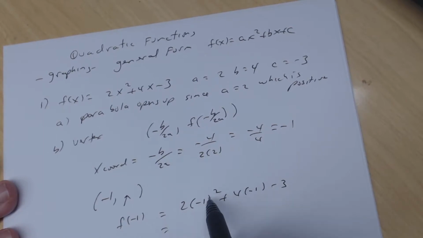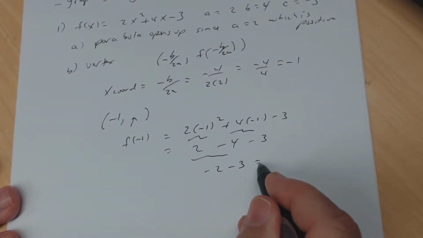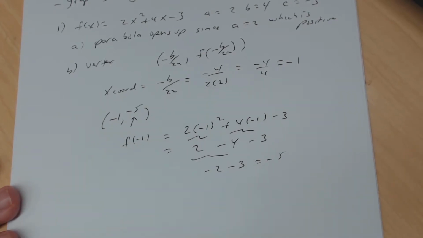Negative 1 squared is 1, and 1 times 2 is 2. Positive 4 times negative 1 is a negative 4, and then minus 3. 2 subtract 4 is a negative 2, and then subtract 3 gives us a negative 5. So my vertex is negative 1, negative 5.